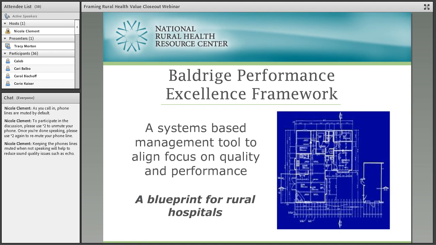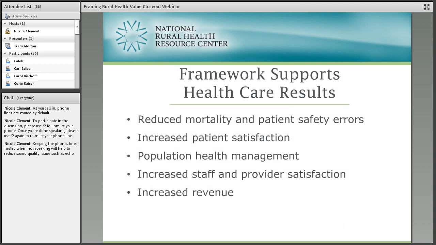Last summer, we produced the blueprint for performance excellence, not necessarily a roadmap, but more of a blueprint for how critical access hospitals can digest this framework. So I encourage you all to take a look at that, and we've been discussing that framework further in the webinar series here.